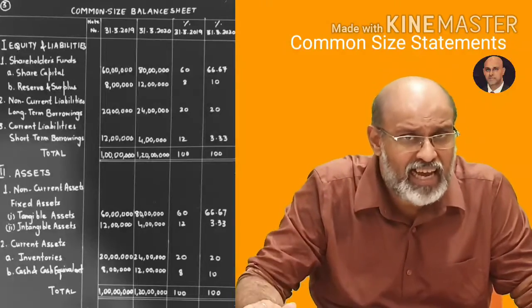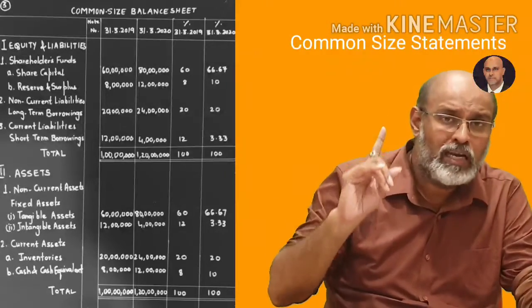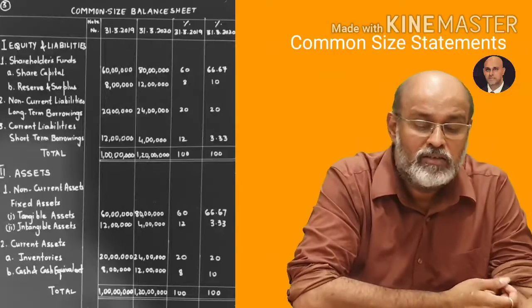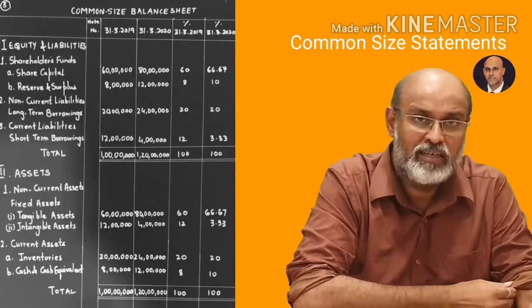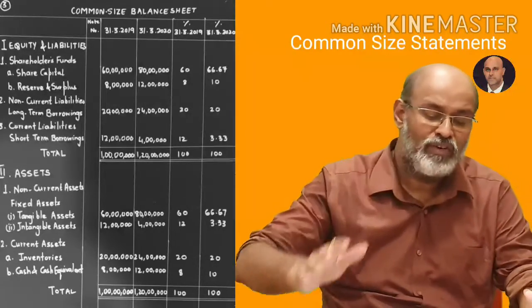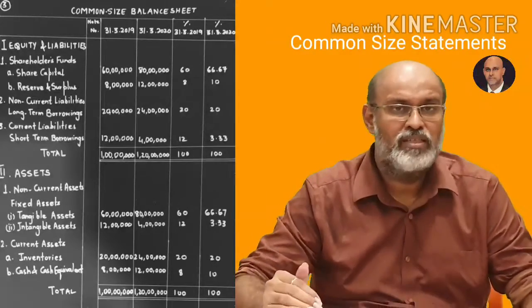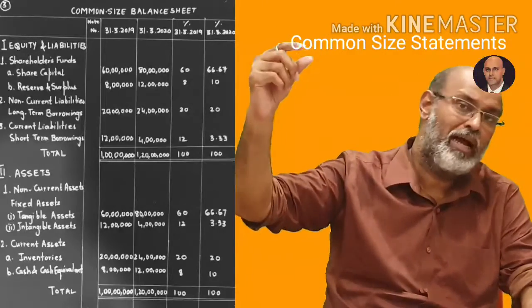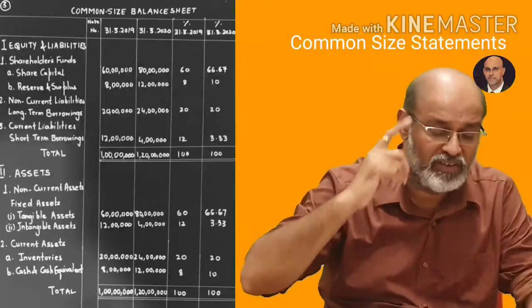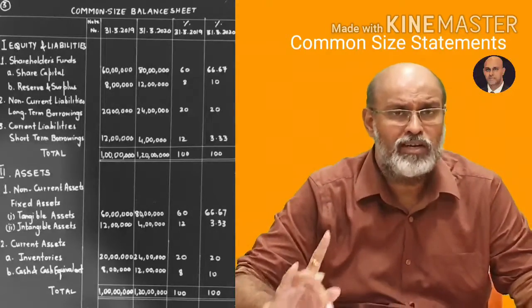So it is 8 lakhs divided by 1 crore multiplied by 100. That is 8%. Fine. So we finish with shareholders' funds, where we had a breakup of share capital and reserves and surplus for the previous year. Now let us go to non-current liabilities.